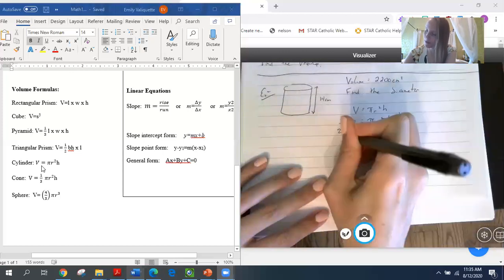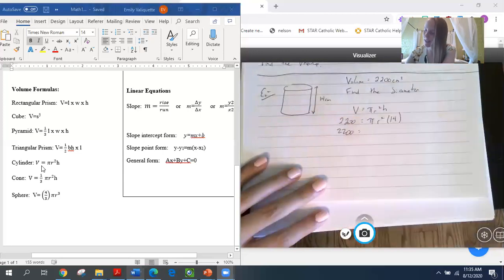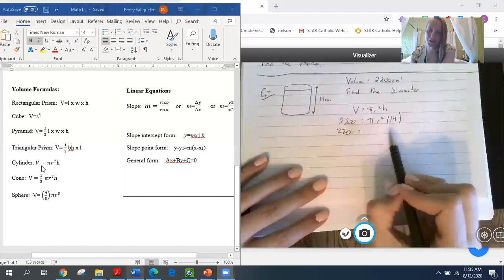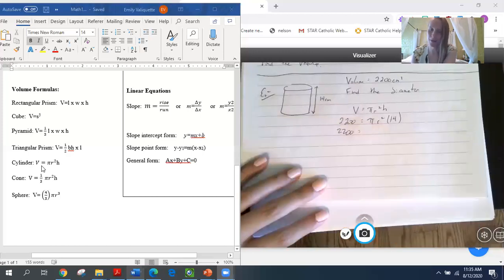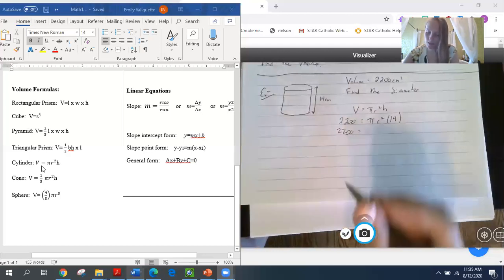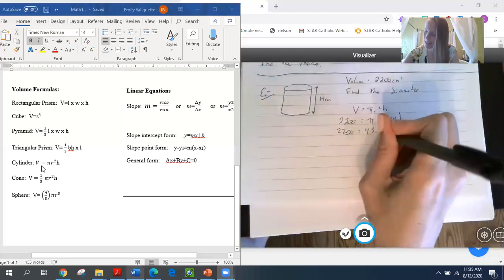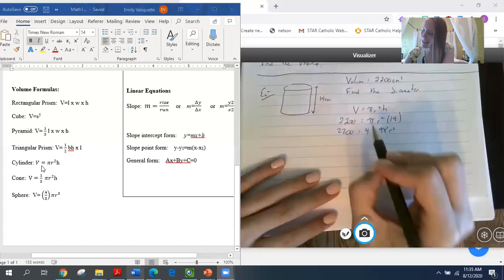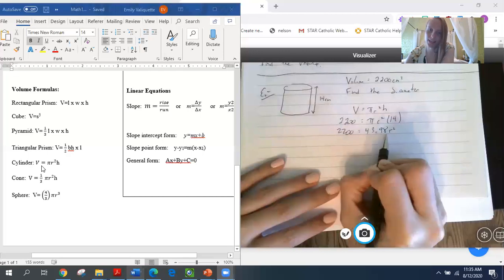The next thing I'm going to do is you could divide away the pi and then divide away the 14 one at a time, but I'm actually going to multiply them together first just to save me a step of dividing. So I'm going to do pi times 14, which is 43.98, and then I still haven't touched my r squared. And now that I've done that, I have 43.98 times r squared.